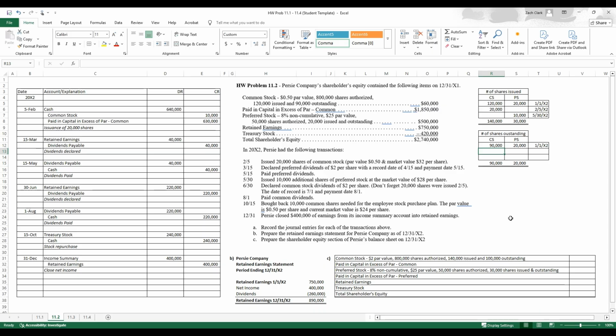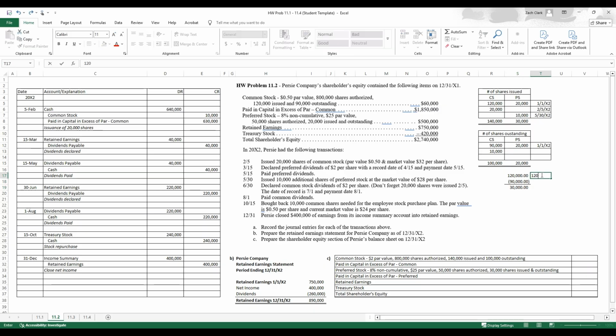Now we have, is that right? 104,000. Is it 10,000? I've got to think about this. My answer key is telling me 100,000, but let's see. The difference: our treasury stock to start was 120,000 minus 90,000, which means we would have had 30,000 in treasury stock.